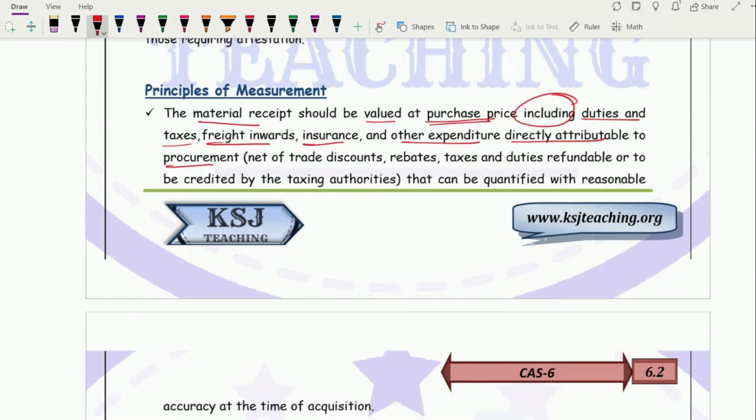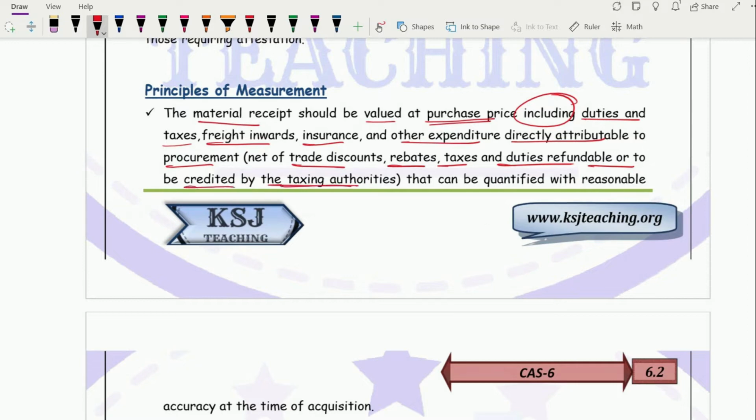So all the expenditures which are directly attributable to the procurement of the material, whether it is transit insurance or freight, we have done the CAS on transportation cost, net of trade discounts, rebates, taxes and duties refundable or to be credited.